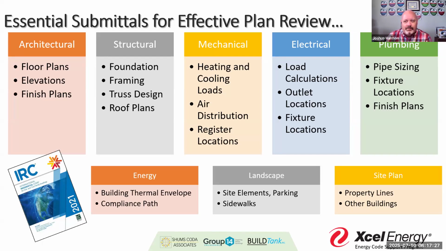Sometimes we bring in the landscaping, depending on how that works. Normally, that's where we'll find our parking calculations. We'll find our setbacks. We've got our site plan that tells us the relationship to other buildings on site or in neighboring parcels. All of these pieces of information are important for us to give a good representation of the building project.